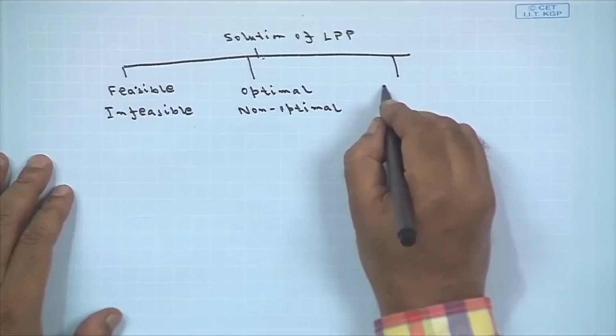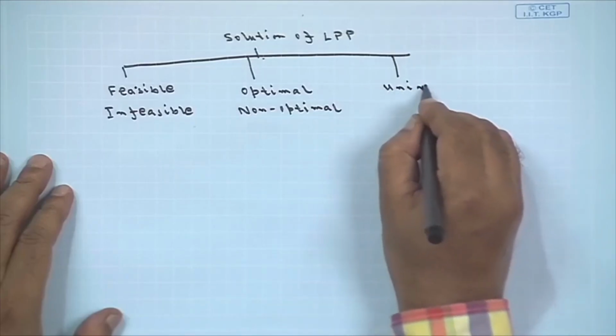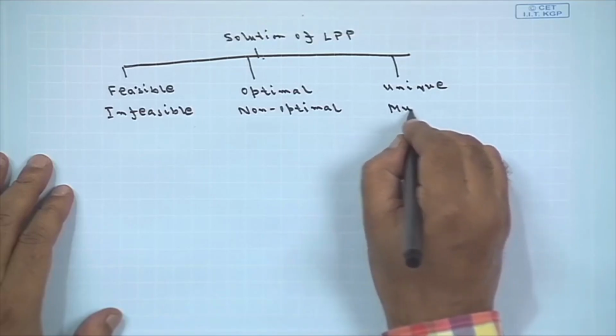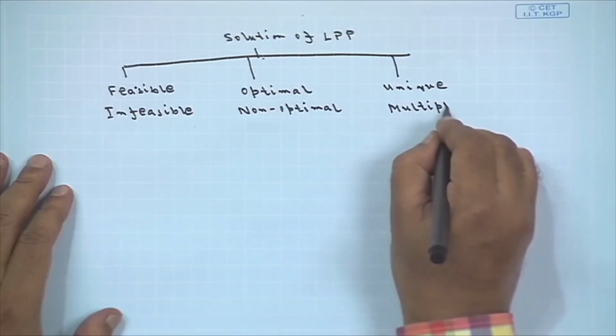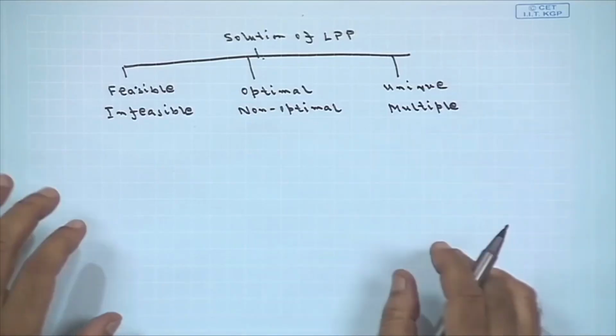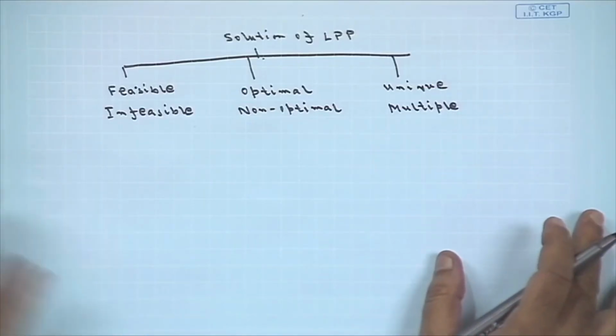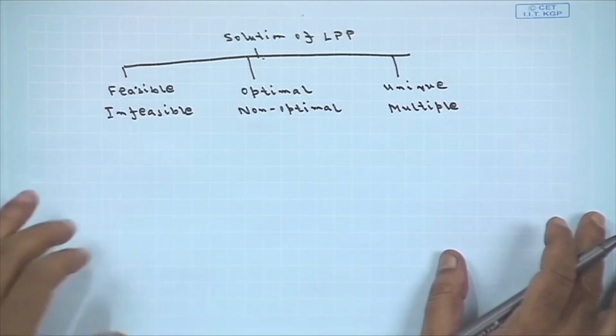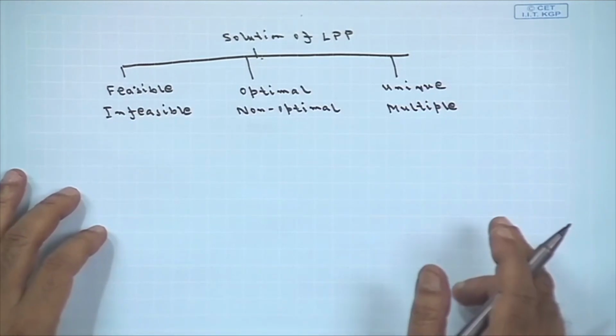Other one is, your solution of an LPP may be unique, it may be multiple also. So, if there exists only one optimum solution, in that case we say that the solution is unique.